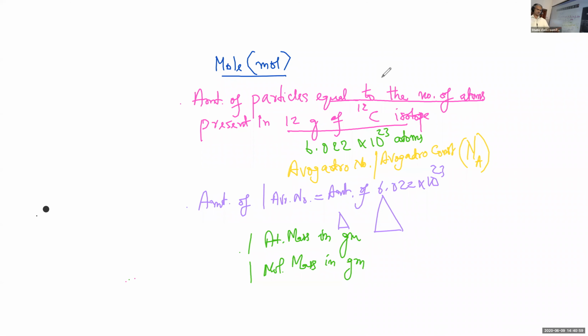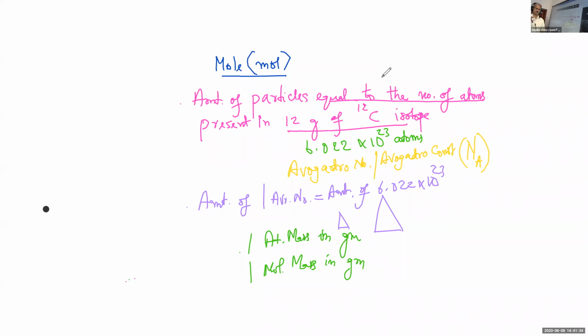How much? 6.022 into 10 raised to 23 atoms is 1 mole of atoms. 6.022 into 10 raised to 23 molecules is a mole of molecules. 6.022 into 10 raised to 23 electrons is a mole of electrons. 6.022 into 10 raised to 23 protons is a mole of protons.